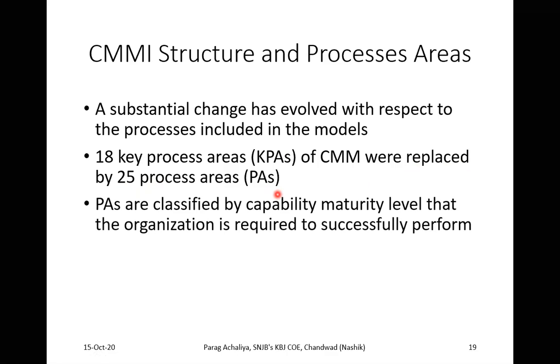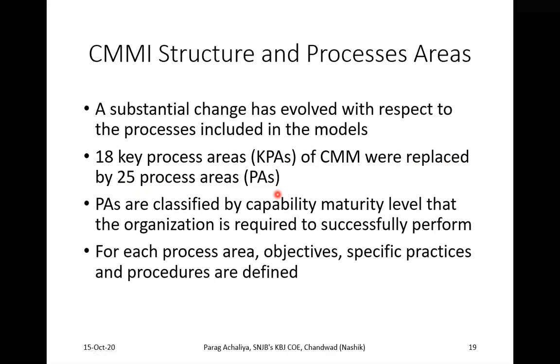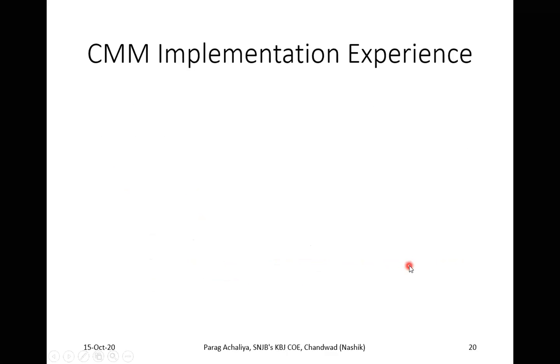Process areas are classified by the capability maturity level that the organization is required to successfully perform. These process areas are divided according to your level. For each process area, objectives, specific practices and procedures are defined. For all these 25 process areas, its objectives, practices and procedures are defined.